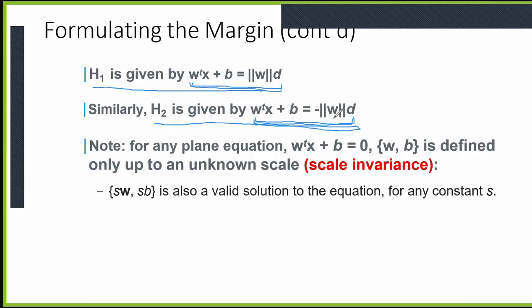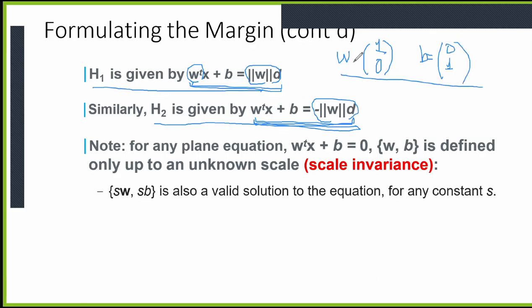Now we can make these terms easier to work with by leveraging the scale invariance property. Let's assume the weight vector was 1, 0, and the bias was 0, 1.